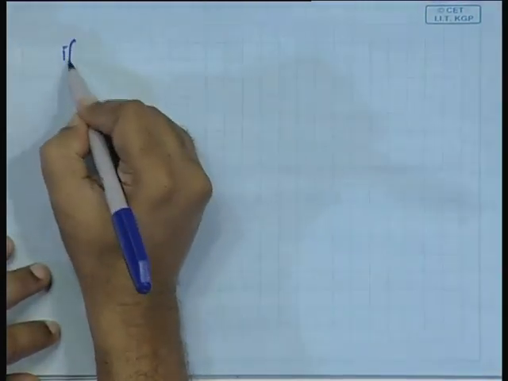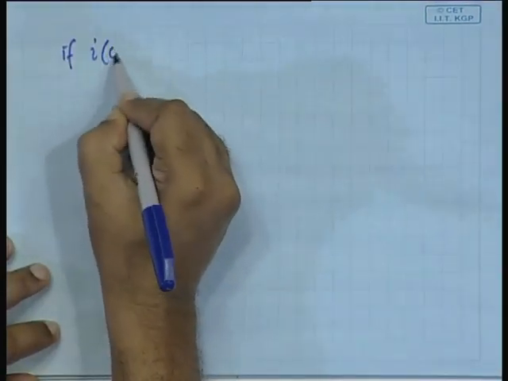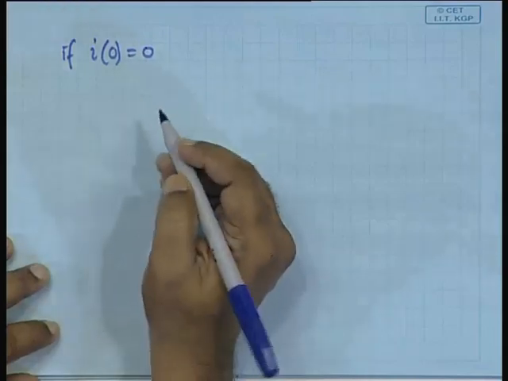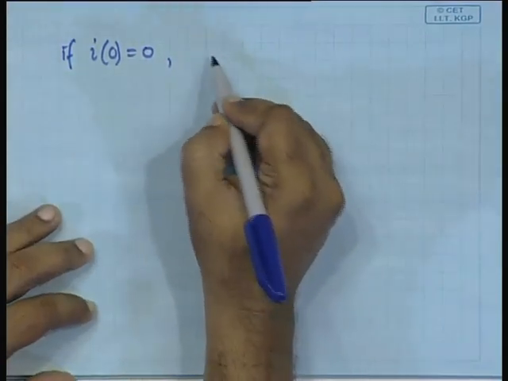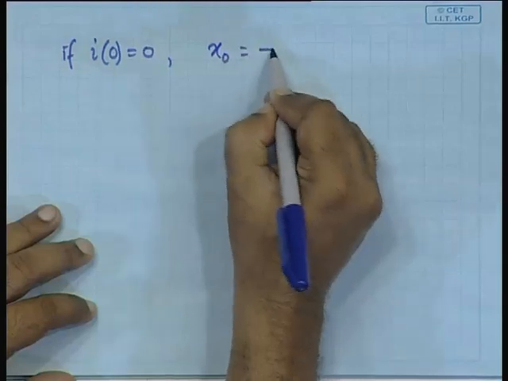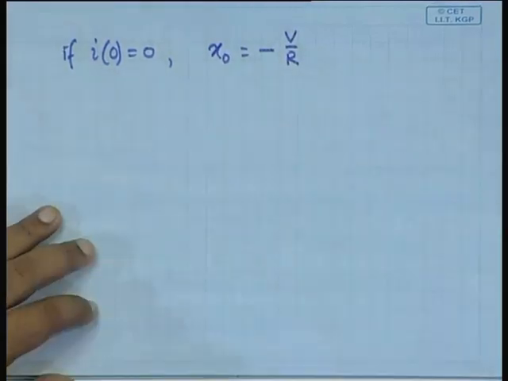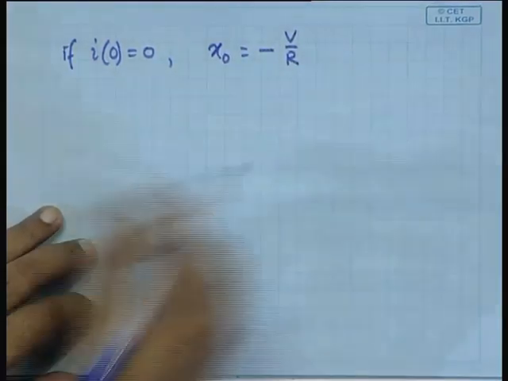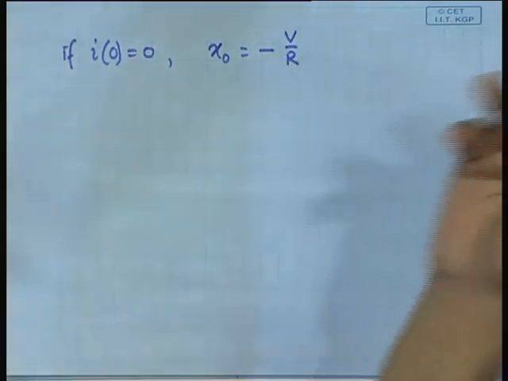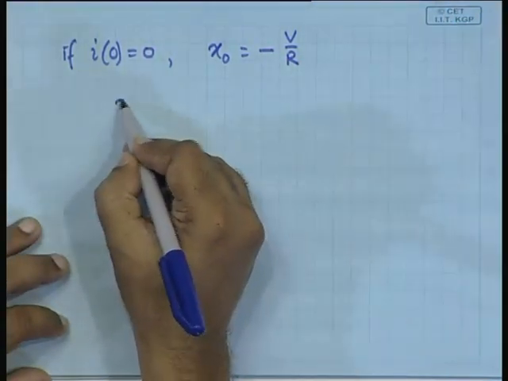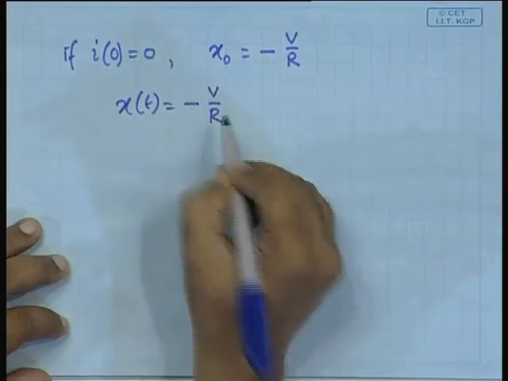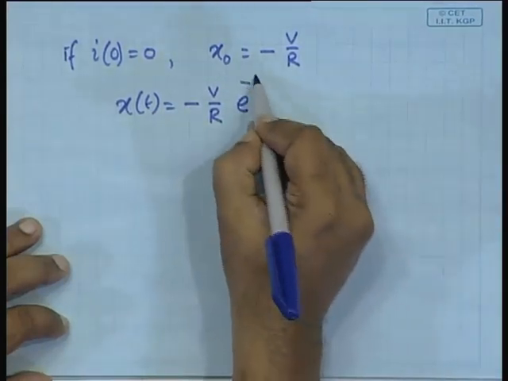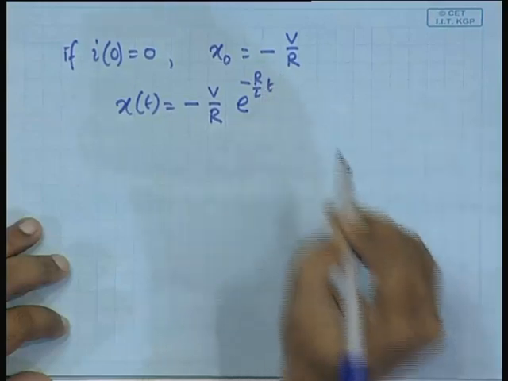What is x naught then? If I at 0 is equal to 0, then x naught is, yes, x naught is minus v by r. Fine. So, that is the initial deviation. So, the solution immediately comes out to be x of t is minus v by r e to the power minus r by L t.